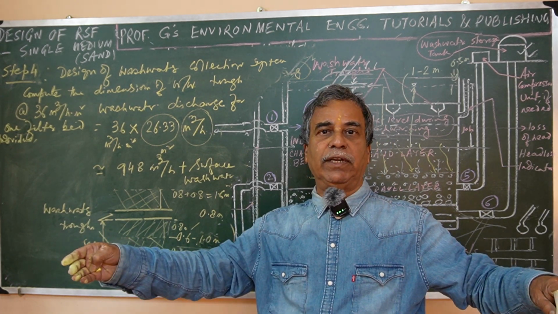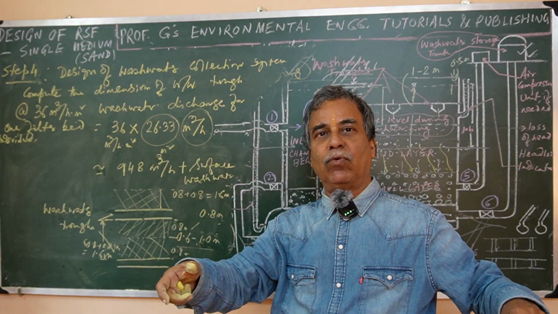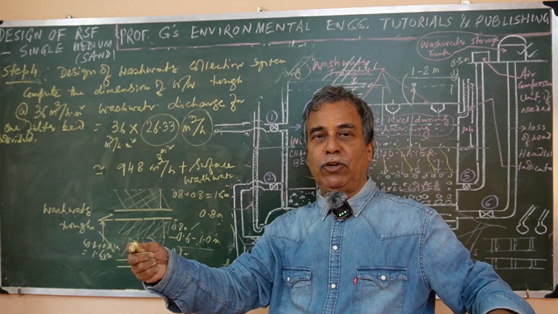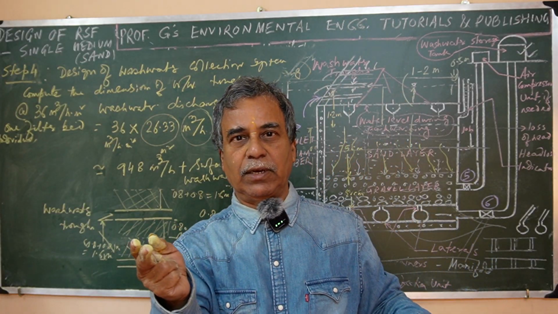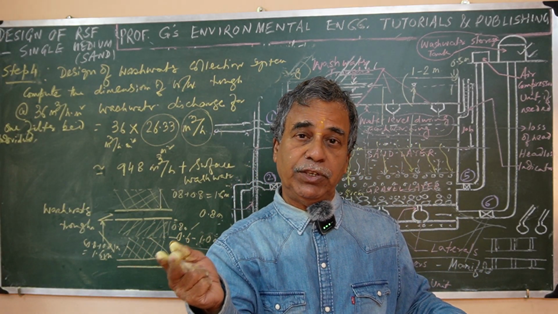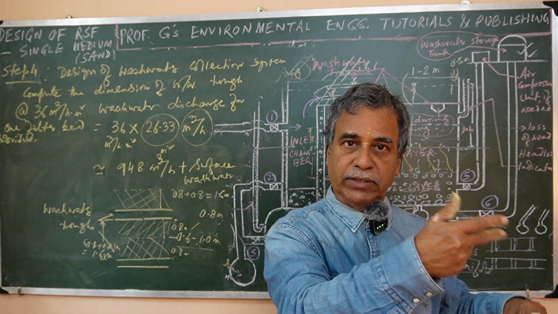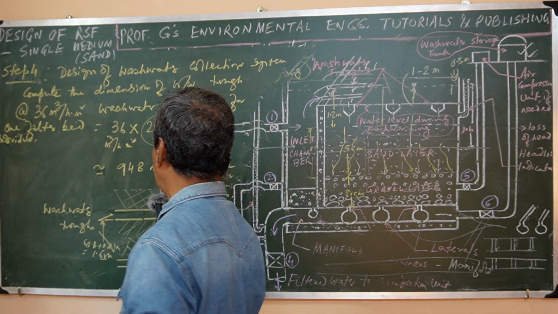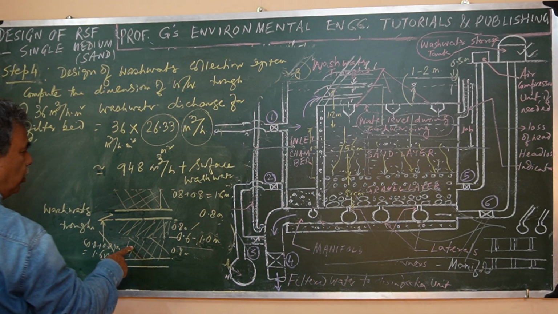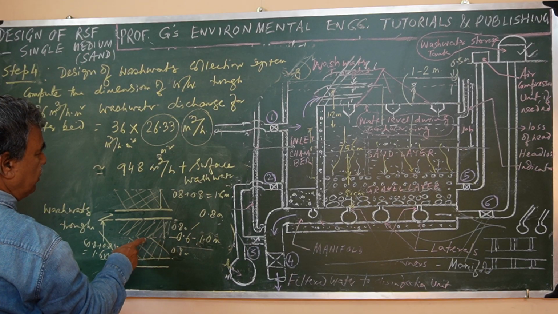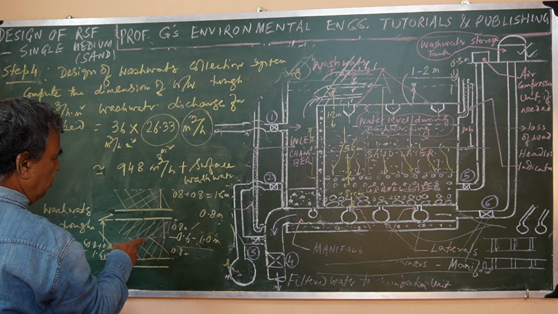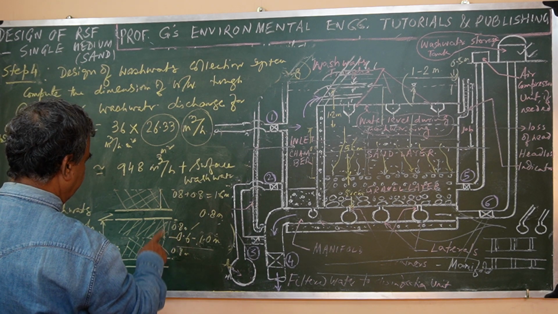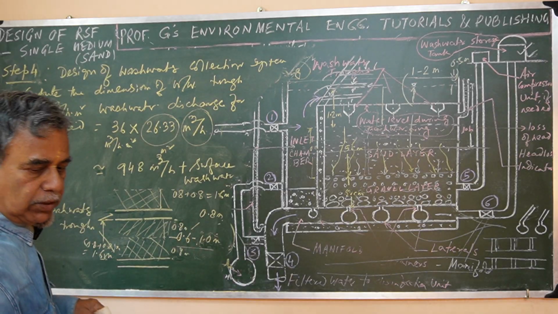Otherwise, if it is too long, then by the time the backwash is done, the dirt materials may not be able to reach the wash water trough and get cleared. That possibility is there. So to avoid that likelihood, we have taken 0.8 plus 0.8, that is 1.6, the spacing of the wash water trough.